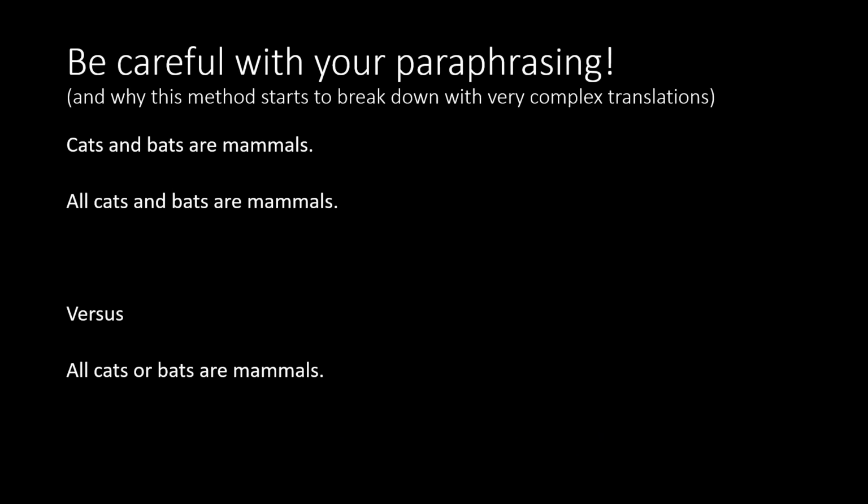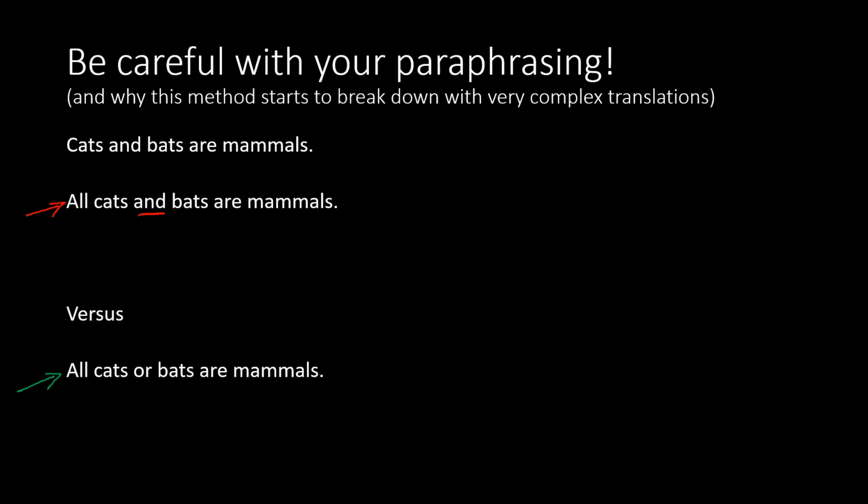Here's one last example of where the paraphrasing does become trickier as sentences get more complex, but if you pay attention to your paraphrasing, this method can handle even complex sentences. This sentence: cats and bats are mammals. There's going to be an inclination to paraphrase this way, but we're about to see why this is actually a wrong paraphrase, at least logically speaking, and why this one is better.